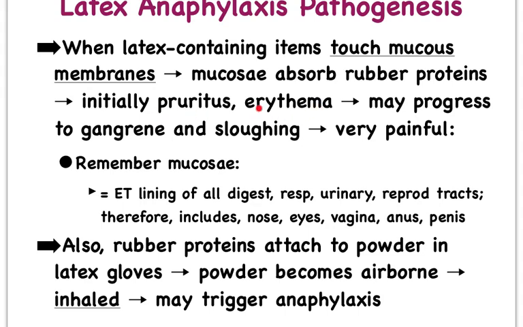And as said before, we might start out somewhat harmless with some itching and a little bit of redness, some hives, but this could potentially start going into very nasty consequences with gangrene and the sloughing off of cells and lots of pain.